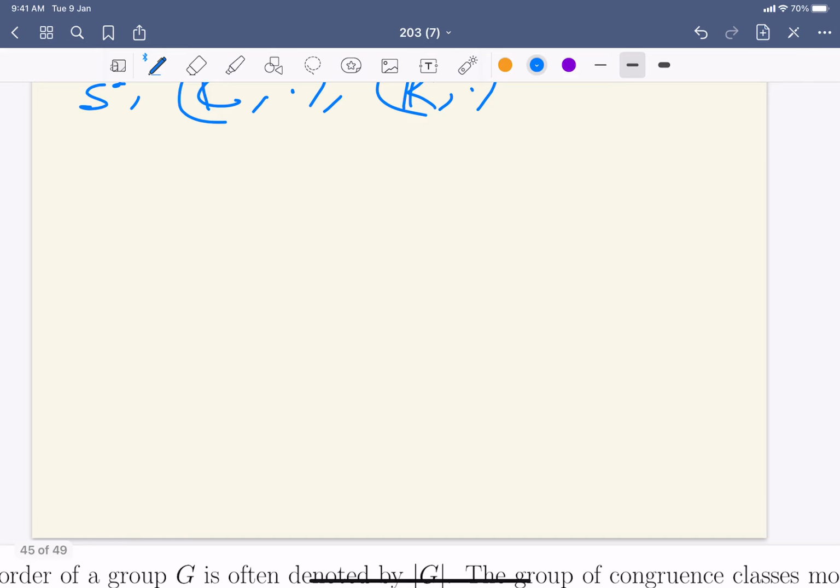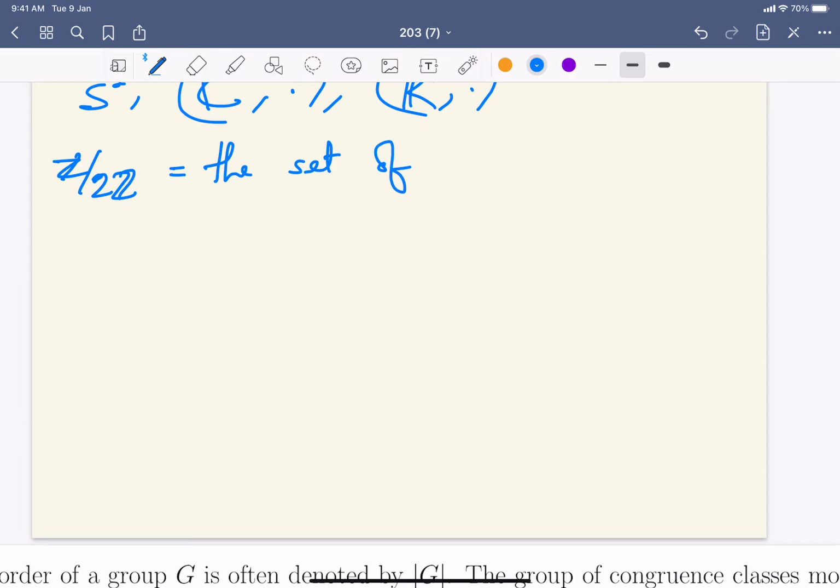So just let me spend a while to elaborate it further. Let's work with Z mod 2Z. So what is Z mod 2Z? Let me continue, then I'll add one quote unquote correction.